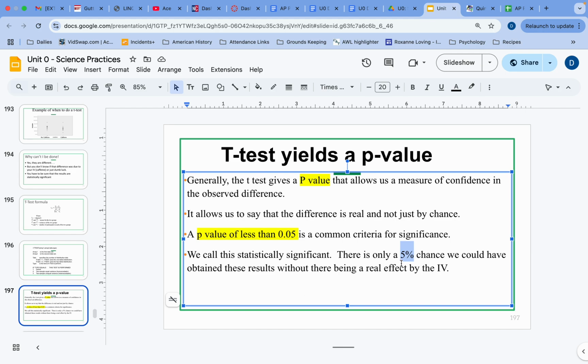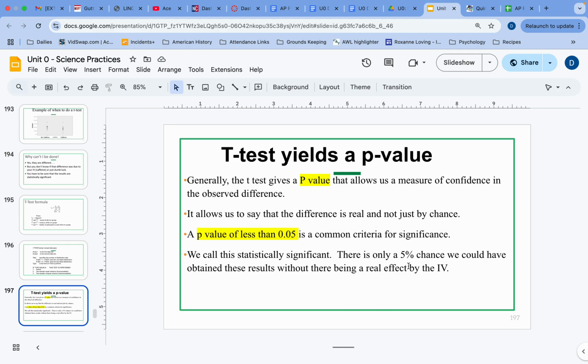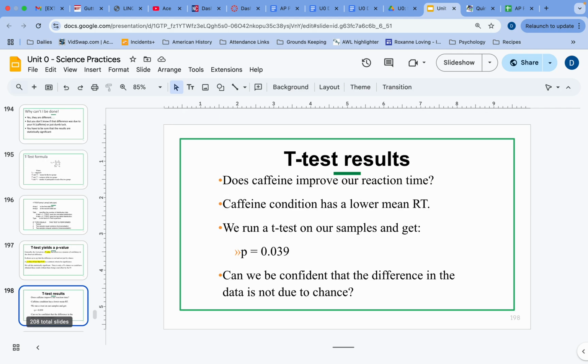So if there's a 5% chance that it's dumb luck, then there's a 95% chance that it is due to the caffeine, or in this case, the independent variable. That's really what you want to know. And therefore, if it's 95% chance due to the independent variable, that's good enough for statistics, and you are statistically significant. If your p-value is higher than that, then you can't say you have 95% confidence that your independent variable is what caused a change, and you gotta find that confounding variable.